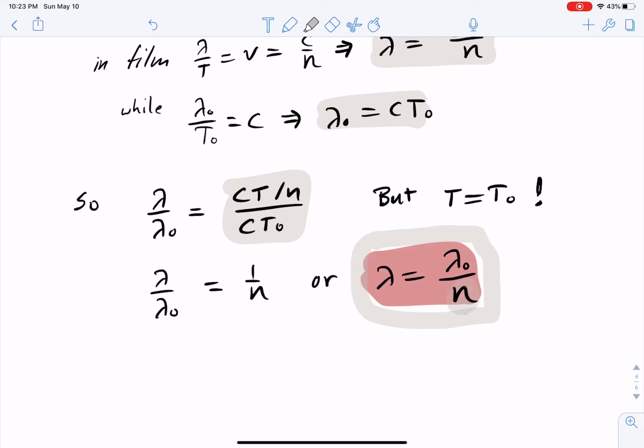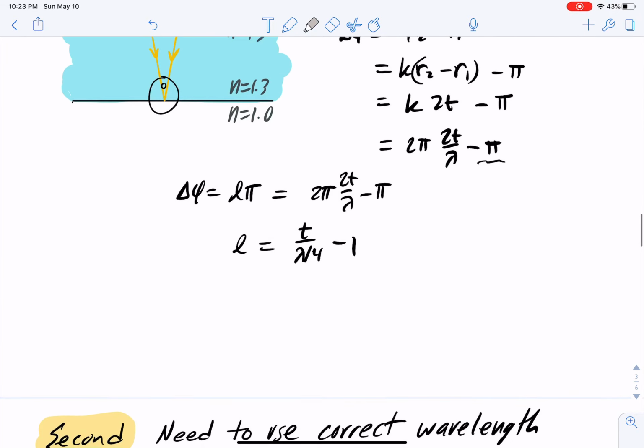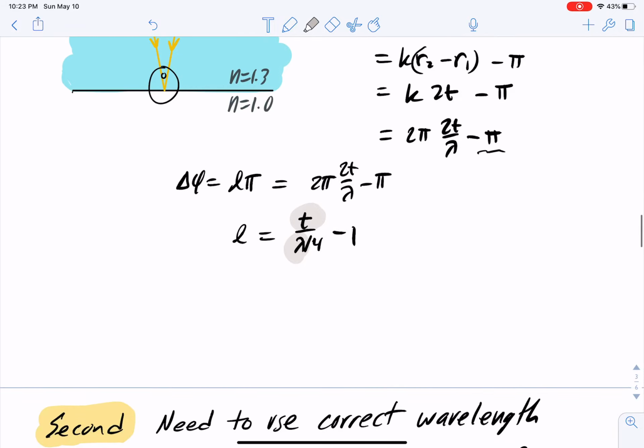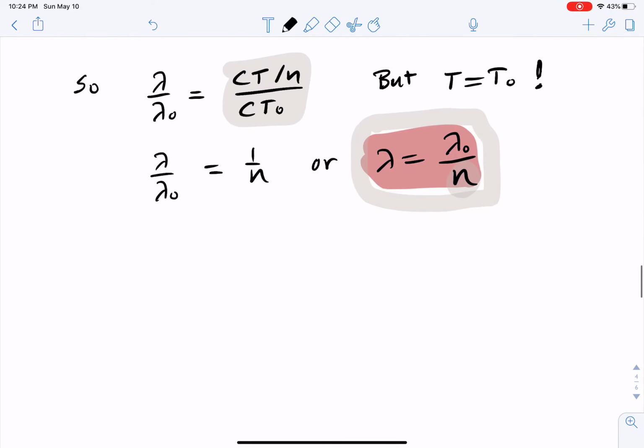So it's just that when we're calculating what the phase change is based on the path, what we're really doing is counting wavelengths. So in these equations, when you have the wavelength, you need to think, where did this path difference occur? Let's rewrite it.